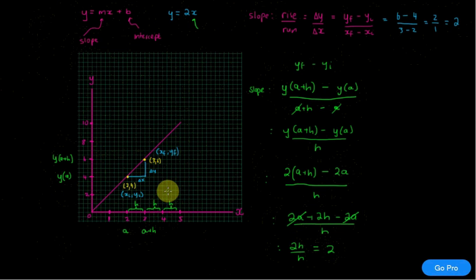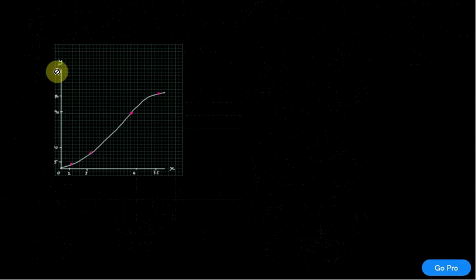The question now would be, how does this apply to a curved graph? Alright, so let's show you guys that. So let's say, for example, here I have a graph that has a curve in it. Actually, what I want to do is to simplify this graph a little bit more.